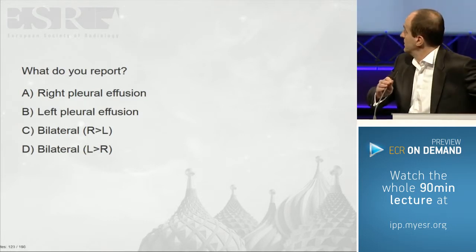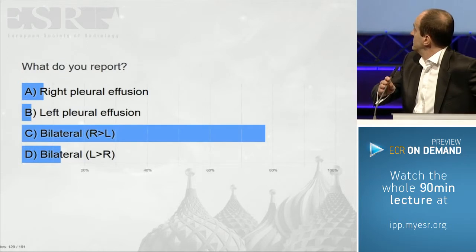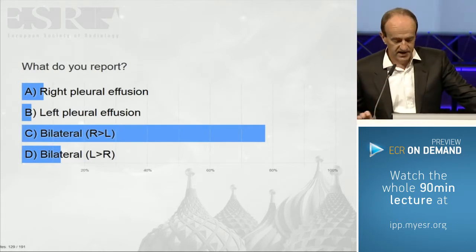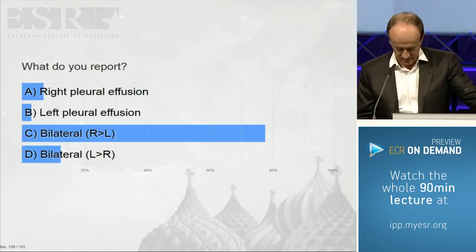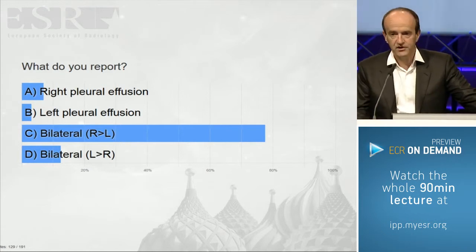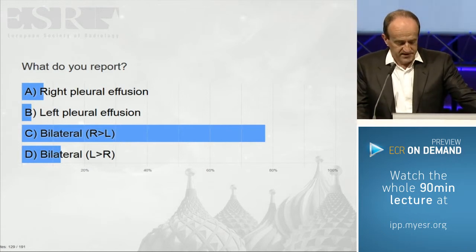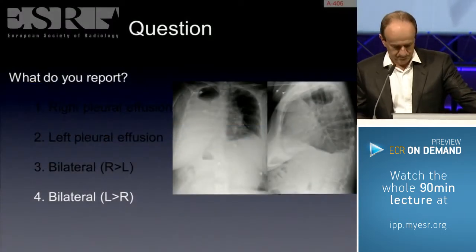Okay. Could we have the results? Bilateral, right larger than left is the majority of you, but you missed something.